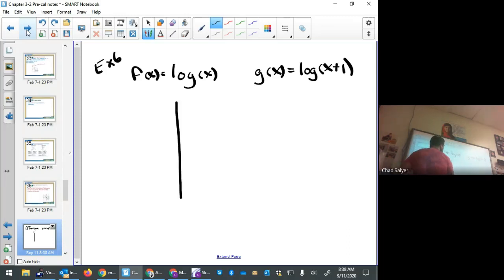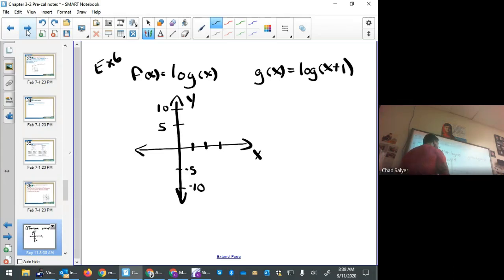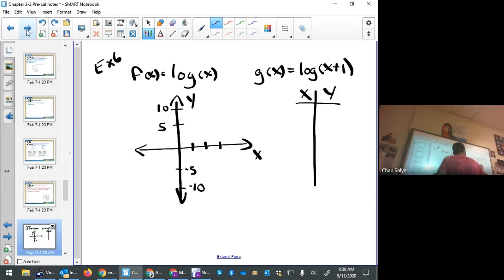So if I were to graph the log of x, it's going to have some pretty funky characteristics. It's going to be a lot steeper than the ones we've done so far. So first of all, I would have to pick values that were perfect powers of 10.